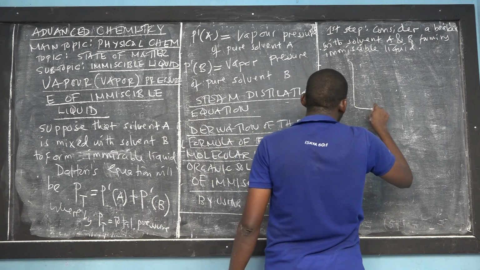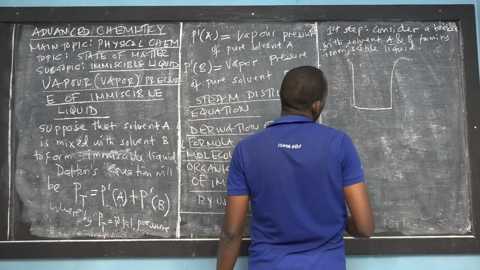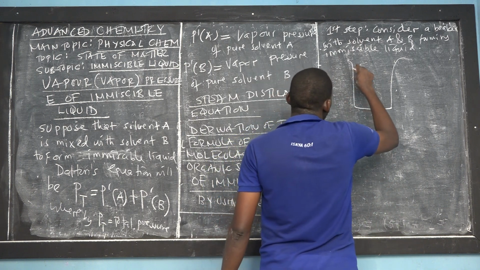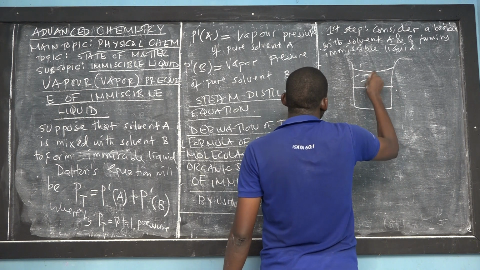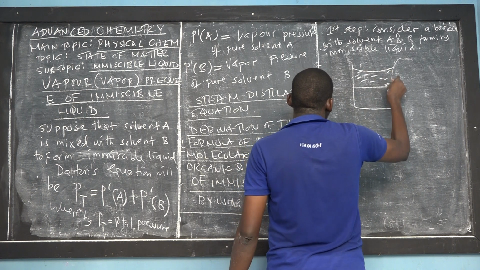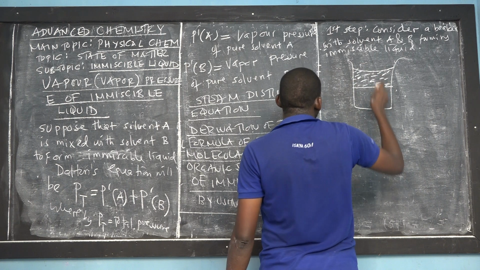This is the diagram. Suppose that this is solvent A, which is less dense than solvent B. It's volatile, we call it a volatile solvent.